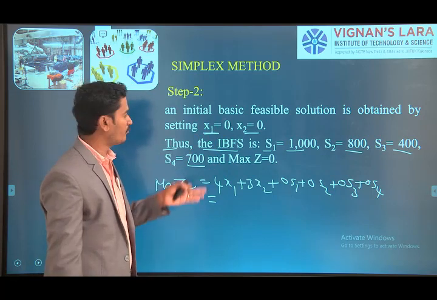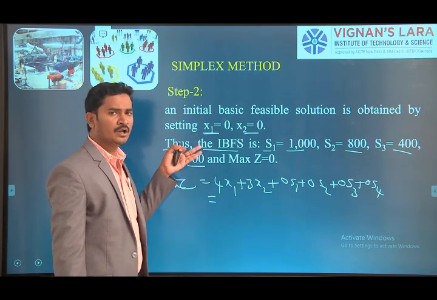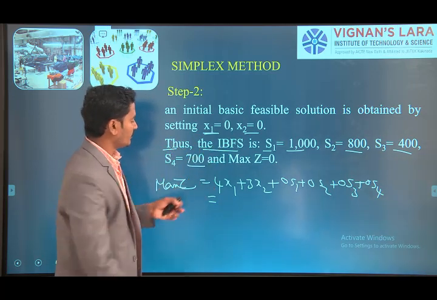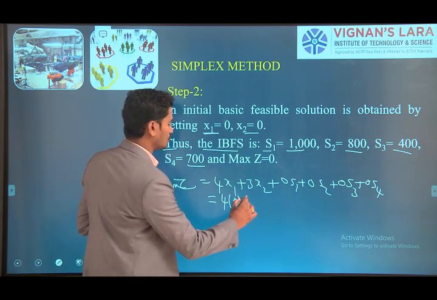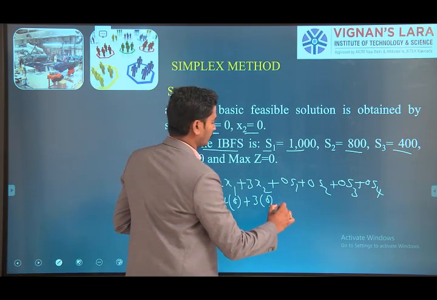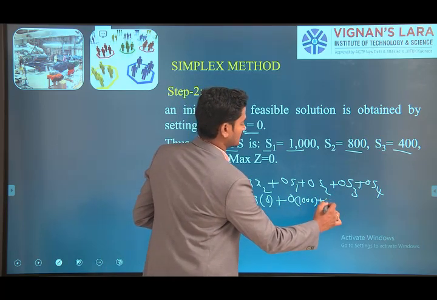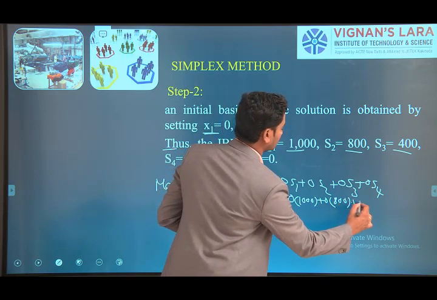It is the rule of non-basic variables. In the simplex method, all non-basic variable values are equal to 0. That's why we are taking x1, x2 as 0. If we substitute the values x1 0 and x2 0, plus s1, we have the s1 value. S1 is equal to 1000 and s2. What is the s2 value? S2 is equal to 800 plus s3.